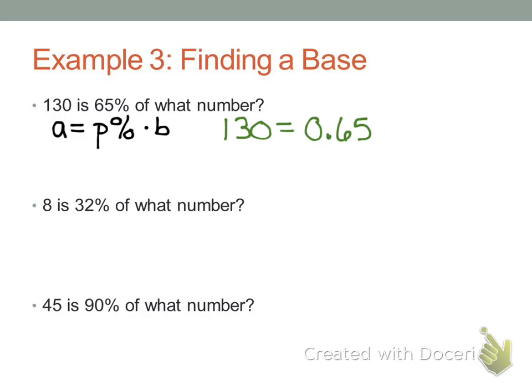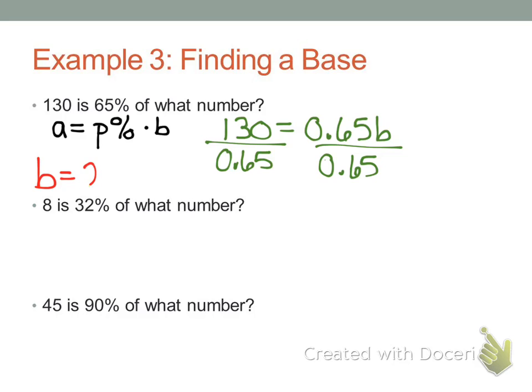And then do I know B? No. And so now how would I solve for B? Divide by what? 65 hundredths. Very good. Divide both sides. And B equals what? It's 200.